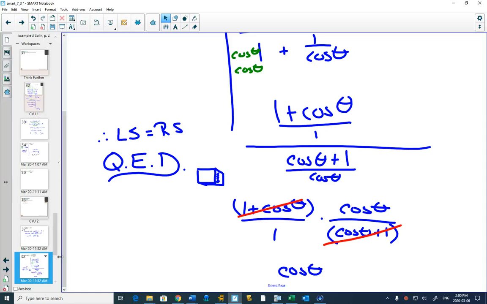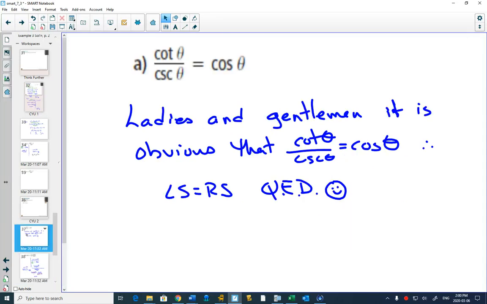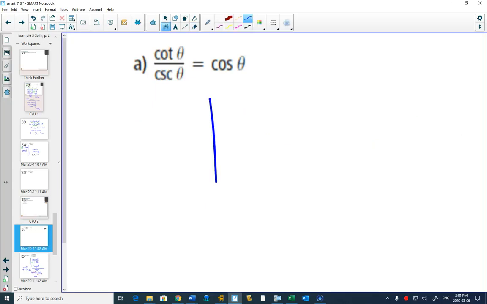Oh, what did I do on the last one? I erased my proof because of my ladies and gentlemen story. Jeepers. I'll quickly rewrite it.